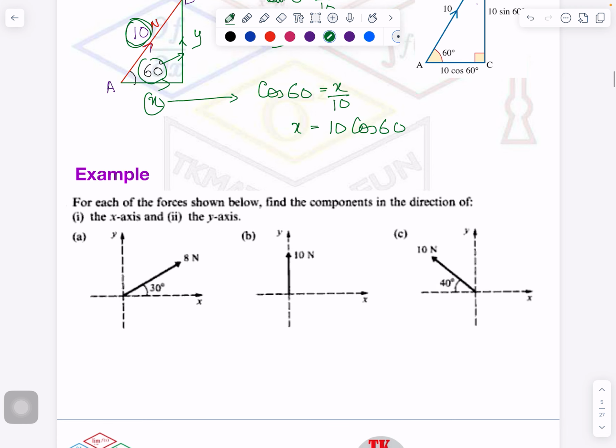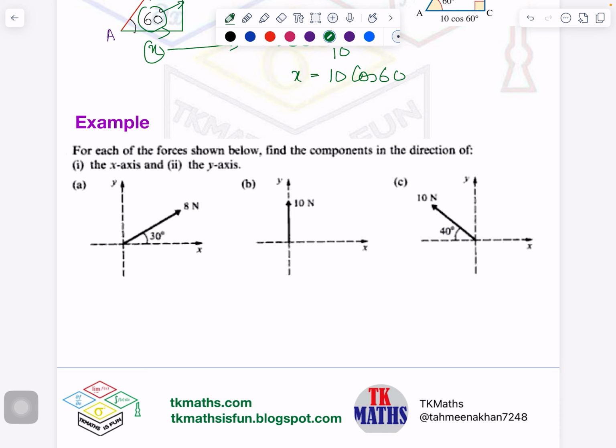These are 3 questions and we have to find the components in the direction of x and y. So x is horizontal and y is vertical. So let's do the x-axis. Along the x-axis means horizontally. So if I resolve here, this will be my vertical and this will be my horizontal. So what will this be?